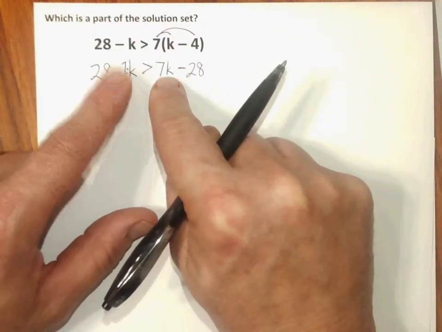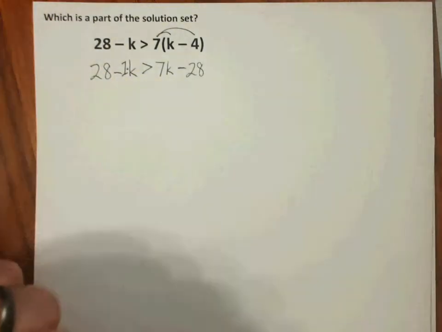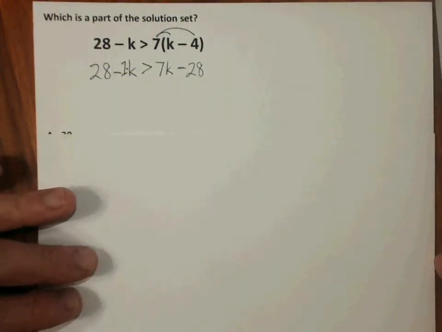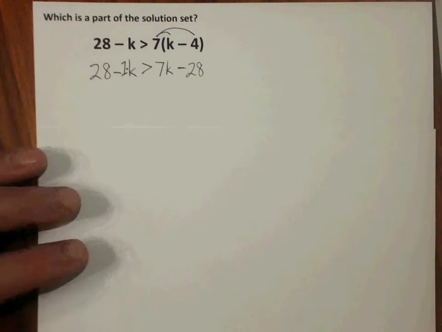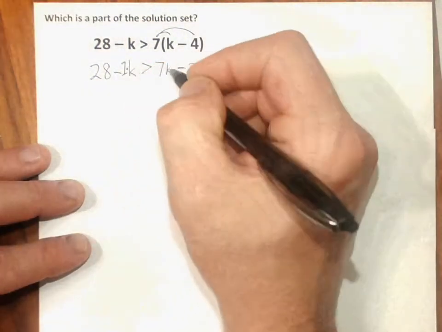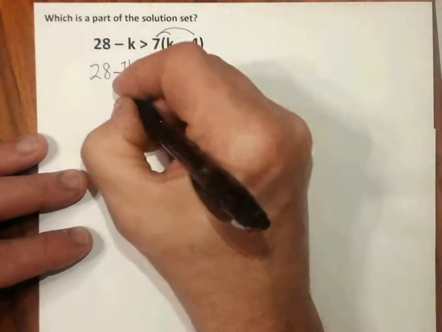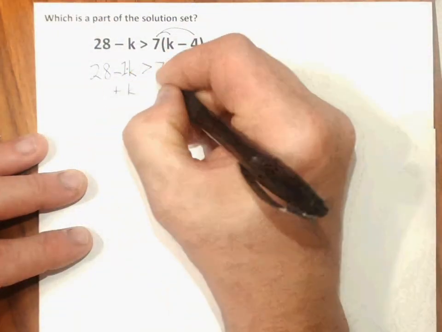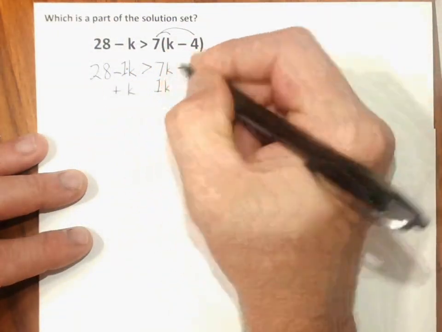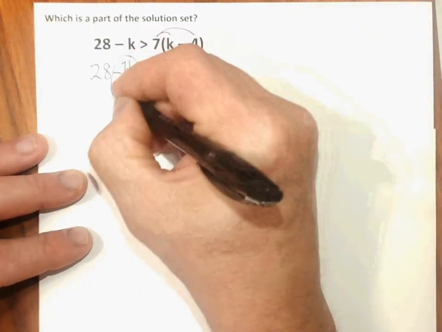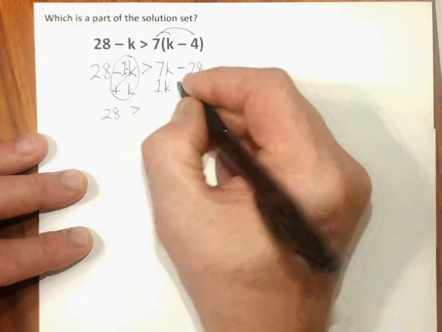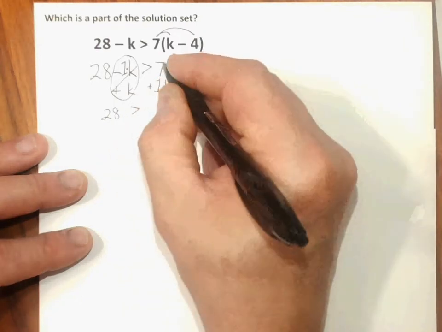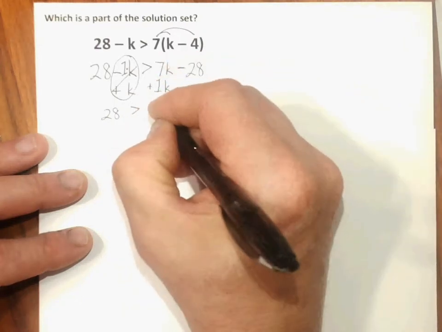If you move the smaller of the two, you're going to have an easier problem and you won't have to worry about flipping the inequality symbol. But you can move these to any side you want to. You have that freedom. So I'm going to add a k, a single k, to both sides. These will cancel. And I'm left with 28 is greater than, and I added this, 7 plus 1 is 8k.